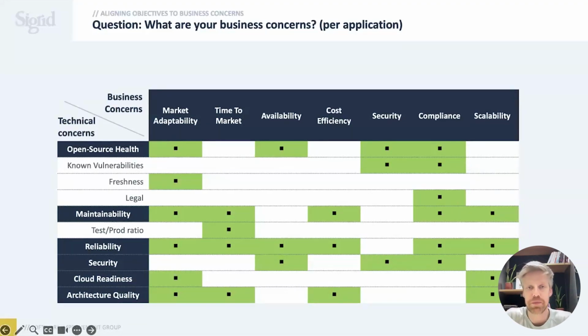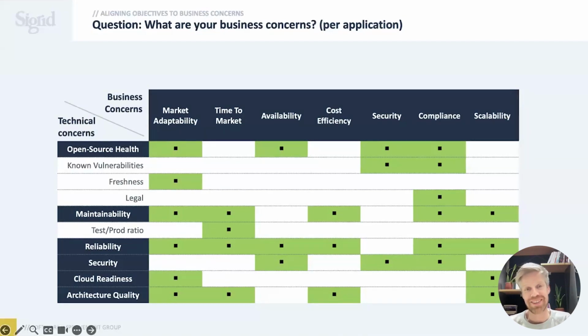Where we support some of our customers in translating the business objectives or business concerns to technical concerns and to see how these map. I mean, this is a picture, obviously, but there's much more detail behind it. And also sometimes the implications are a bit hard to understand, as you say, for particular targets.